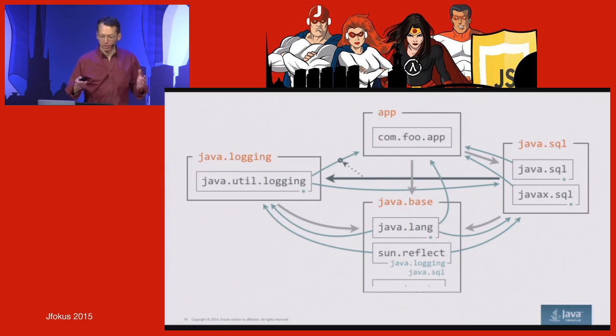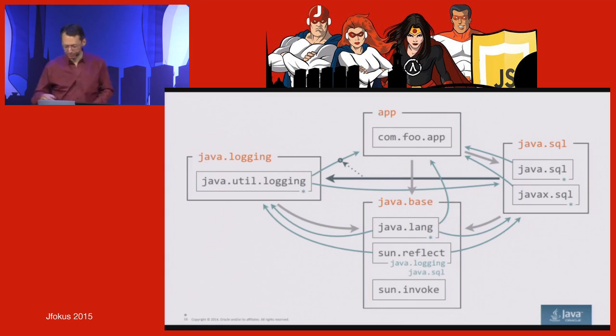Finally, there are plenty of other things in the base module. For example, sun.invoke contains a bunch of implementation code for method handles, JSR 292. And it turns out, fortunately, no code outside of the base module needs that, so it just stays there, and it's completely private, and nobody can get to it at compile time or at runtime.